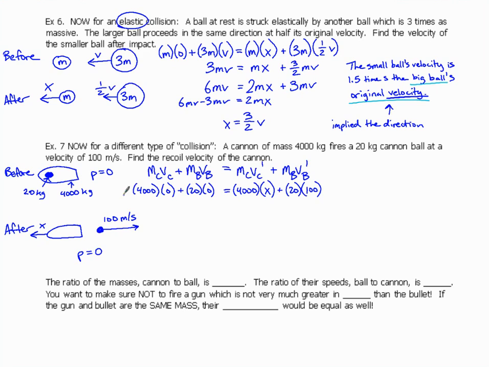So everything in the original or the before conditions is 0. So 0 equals 4,000x plus 2,000. So subtract it over. Negative 2,000 equals 4,000 times x.